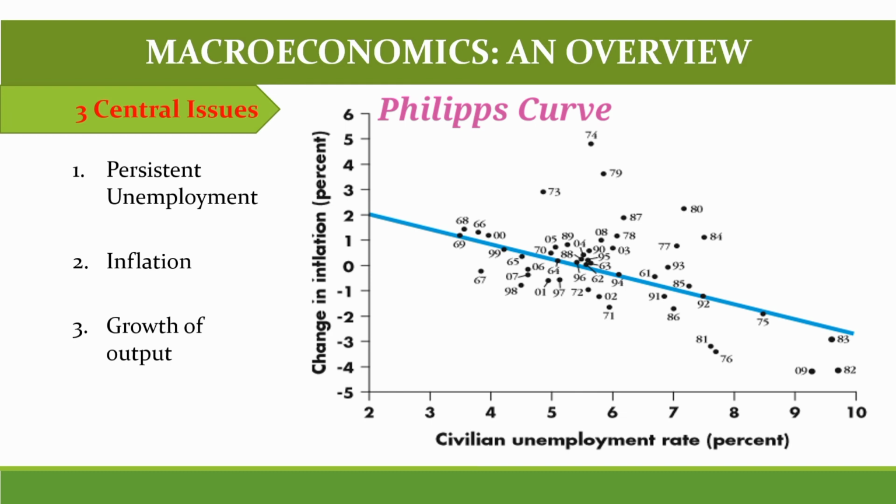The theory claims that with economic growth comes inflation, which in turn should lead to more jobs and less unemployment. As seen in the graph, years with high unemployment showed low inflation, and the years with low unemployment, let's say this year, experienced high inflation. However, this relationship can be valid only in the short run.